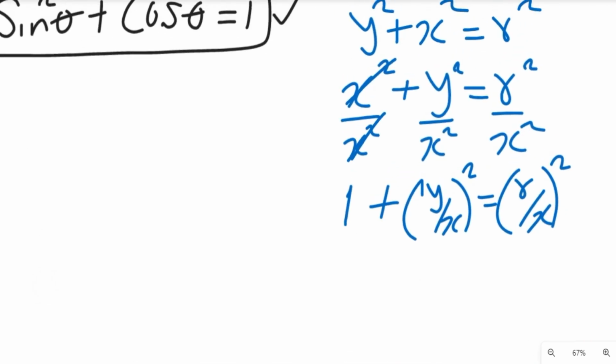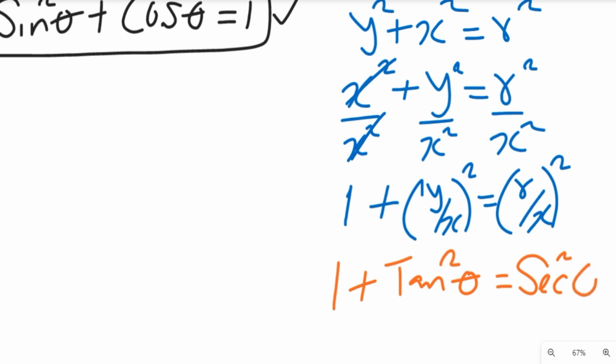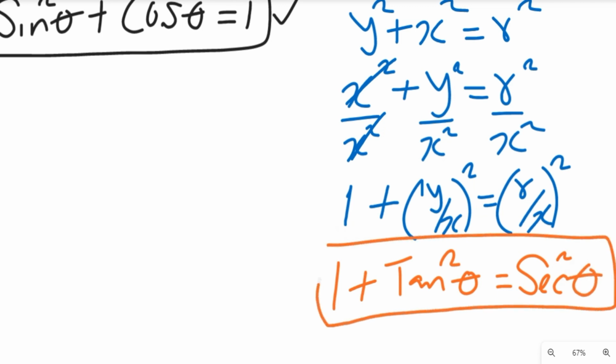If we put that in, we are going to have the trig function to be 1 plus tan square theta equal to sec square theta. This is another trigonometric function that we want to have at the back of our mind and we want to always use whenever we are solving questions on trigonometry.